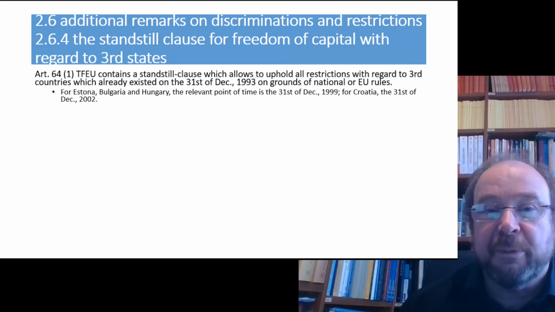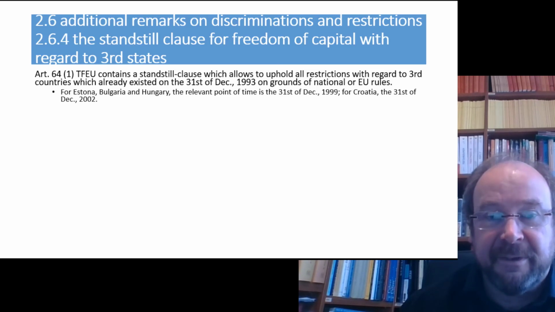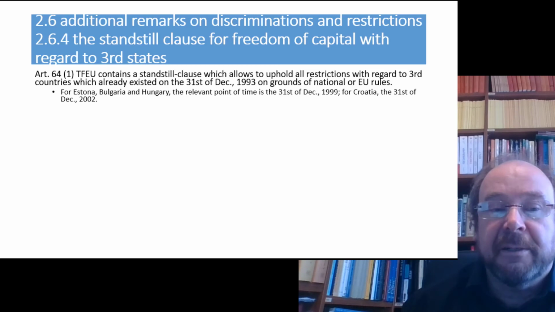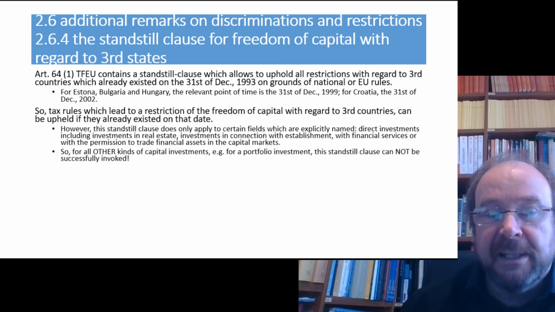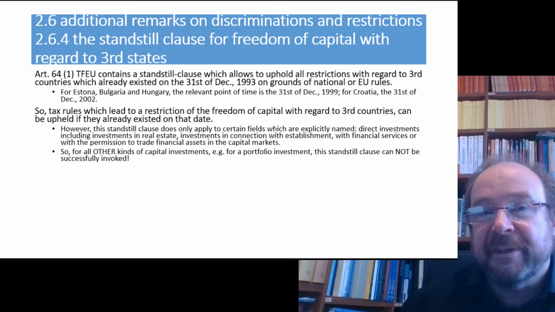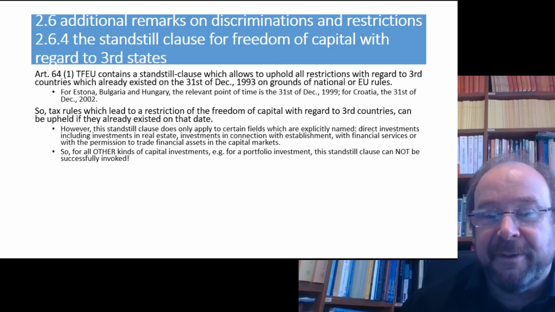That was the moment when the free flow of capital was finally established and enshrined in the text of the treaty. So tax rules which lead to a restriction of capital with regard to third countries can be upheld if they already existed on that date.